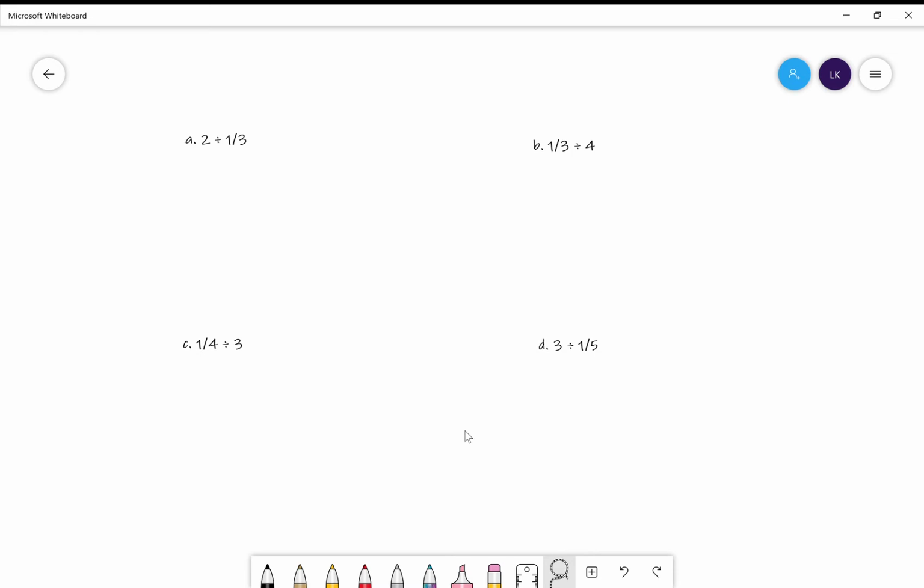So let's go ahead and take a look at A. We'll just zoom in on A. Some of the other videos showed that these can be done as tape diagrams. So I'm going to take my 2.